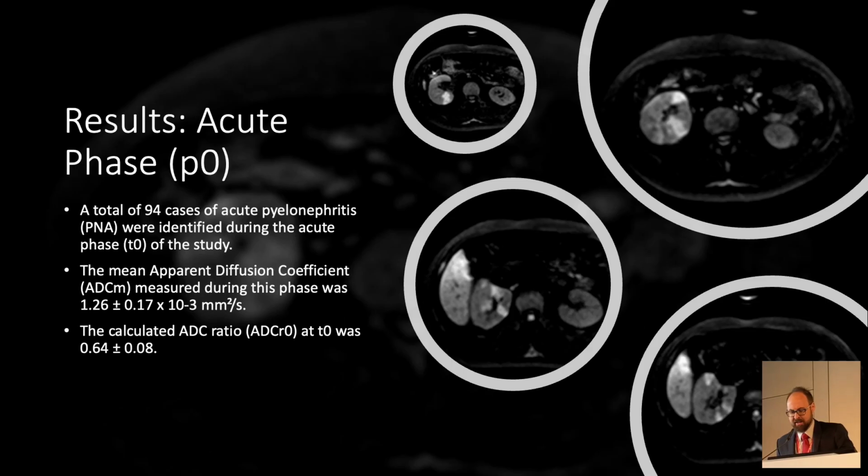A total of 94 cases of acute pyelonephritis were identified during the acute phase of the study. The mean apparent diffusion coefficient measured during this phase was 1.26 × 10⁻³ square millimeters per second. The calculated ADC ratio was 0.64.